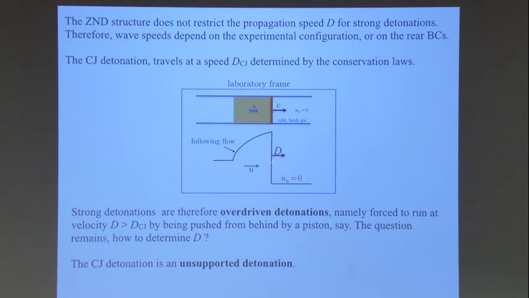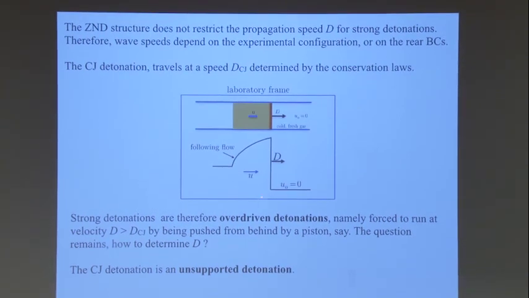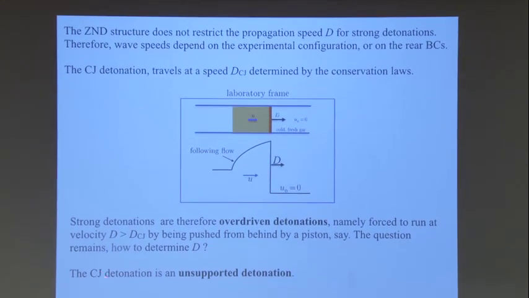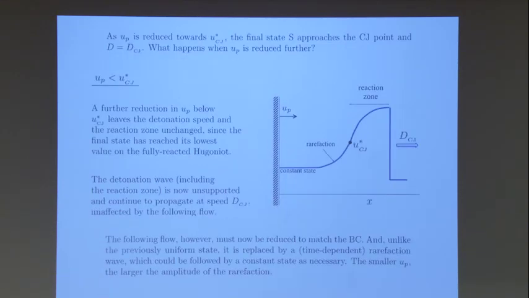And so it is the piston that more or less determines for you the propagation speed of the detonation. Except in a situation where the detonation becomes unsupported by the piston, and then it runs at the Chapman-Jouguet speed. So I think I am going to skip some of the rest.